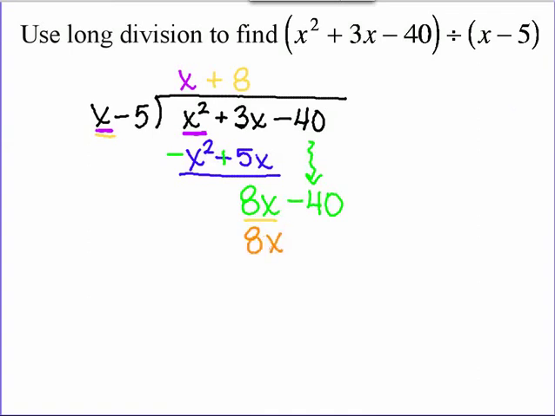I'm going to take 8 times -5, and I get -40. What step do I do now? Switch the signs, which is the subtraction step. So I have 8x minus 8x, which is 0. -40 plus 40, which is 0. And so this one actually has no remainder. And my answer is x plus 8.